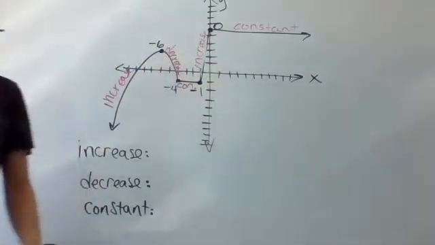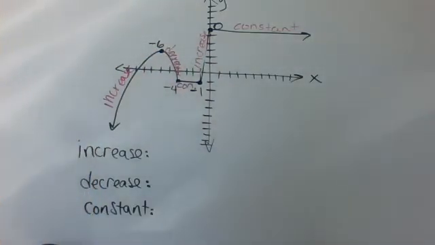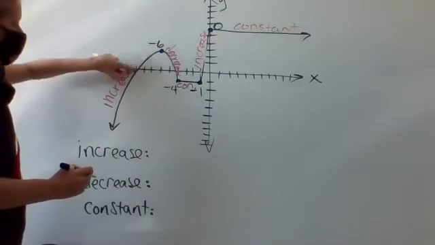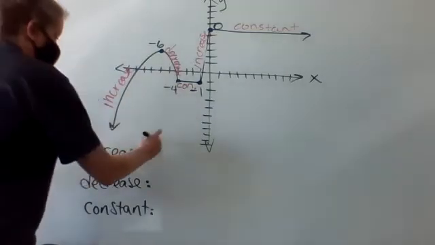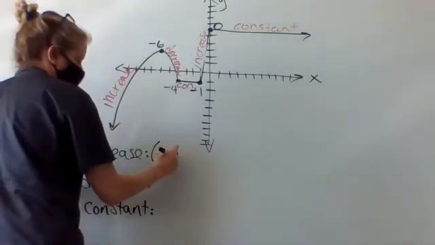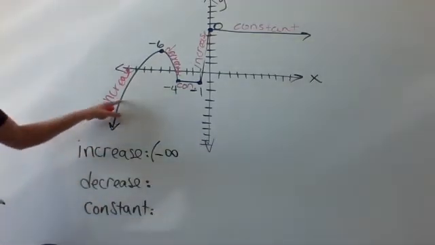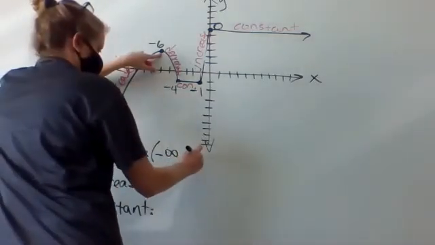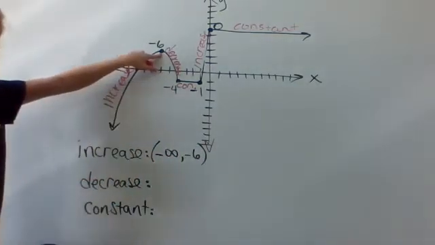Now that I've labeled my x coordinates, that makes this a lot easier. So let's look at this one. It increases from where? The arrow going this direction means it starts at negative infinity, and where does it stop going up? Negative 6. So there's my first increase.